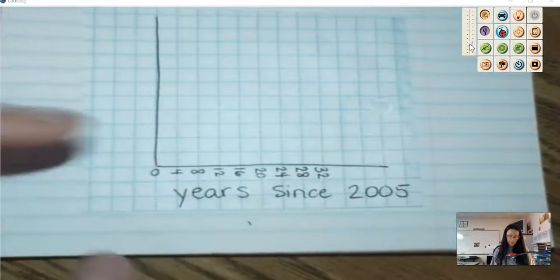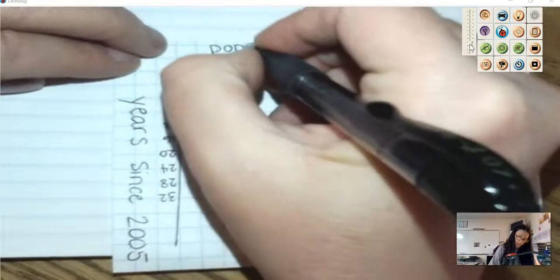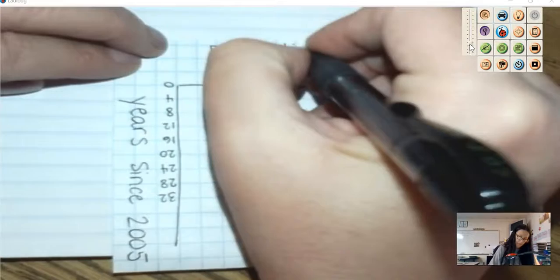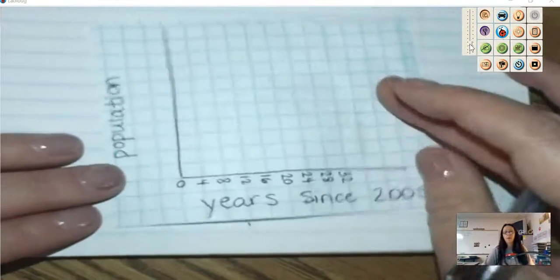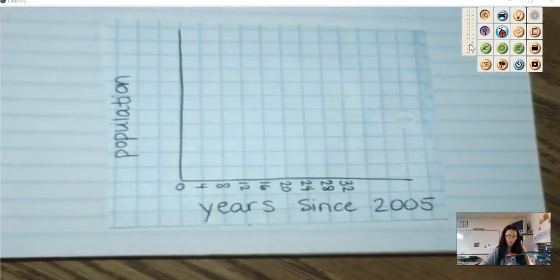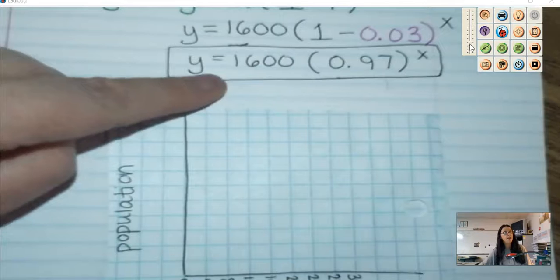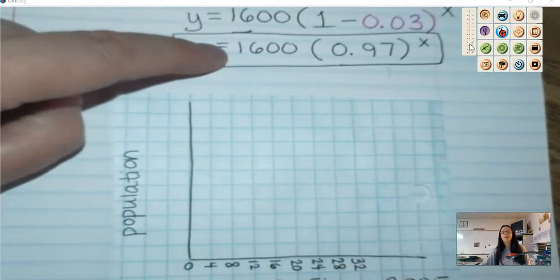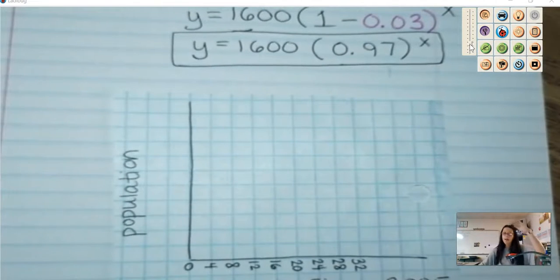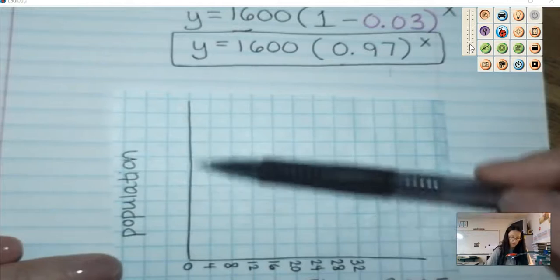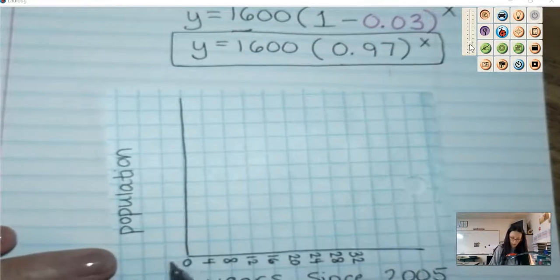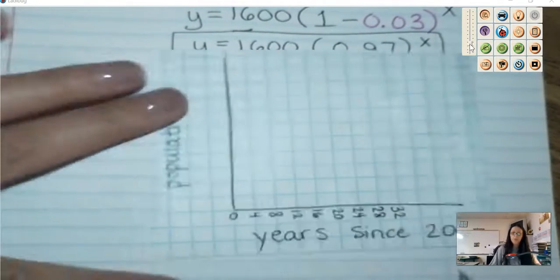My y-axis is going to be the population. And that population starts at 1,600 people, and then it goes down. So I need to make sure I hit 1,600 on that y-axis. So check if you have space to go by 200s. Yeah, I do.